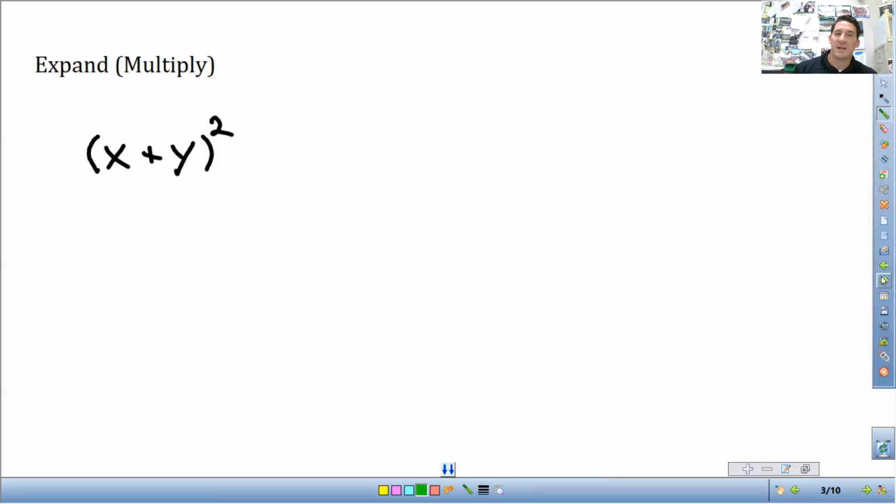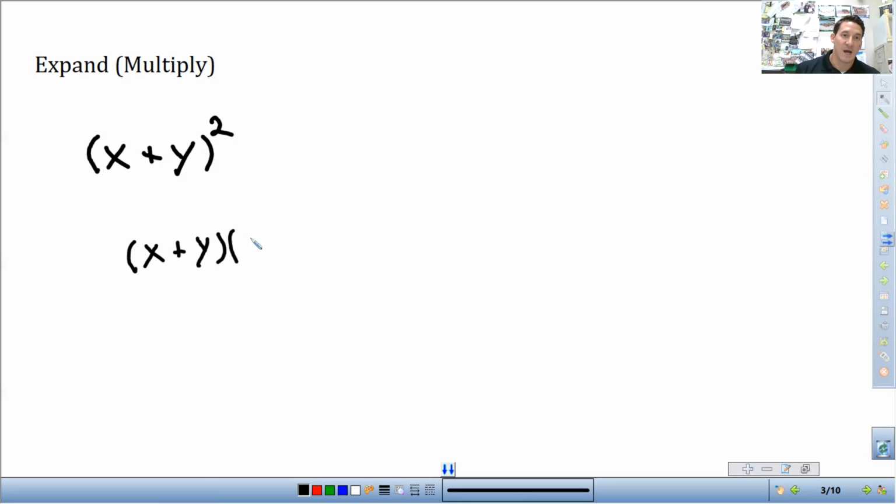But what we are doing today is learning how to expand these binomials. So binomial expansion, really all you're doing is multiplying these. If you remember from the lesson with multiplying polynomials, when you're squaring a binomial, you have to multiply it by itself. You don't just square both things.